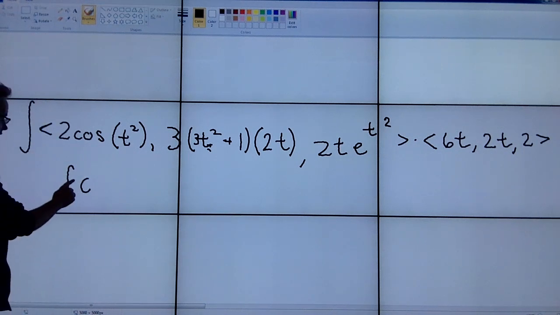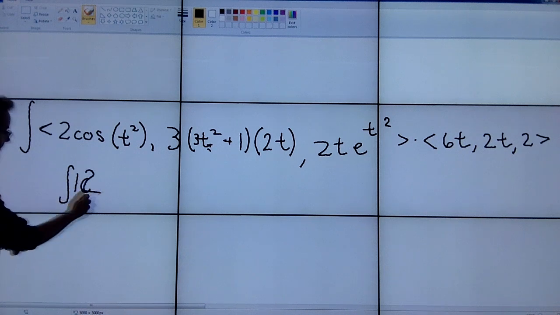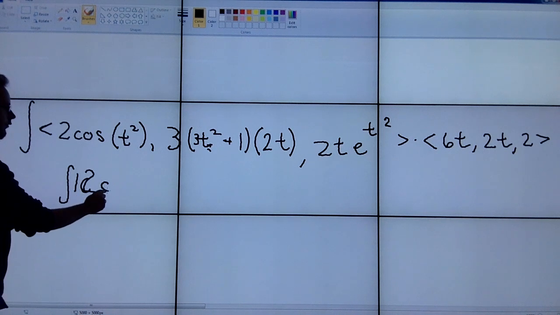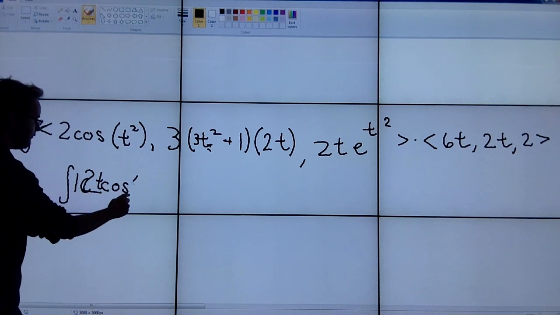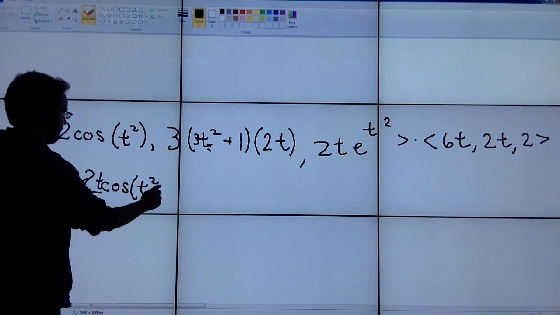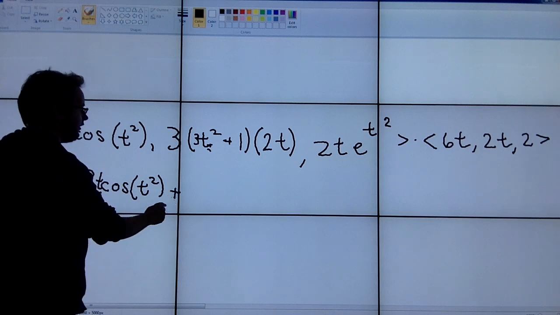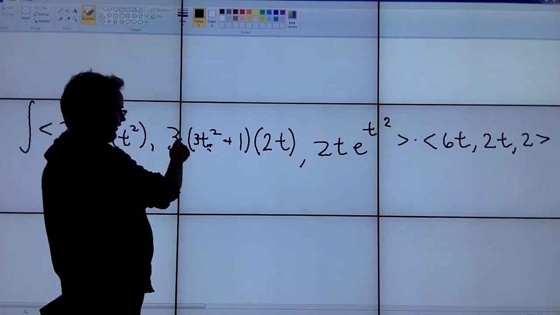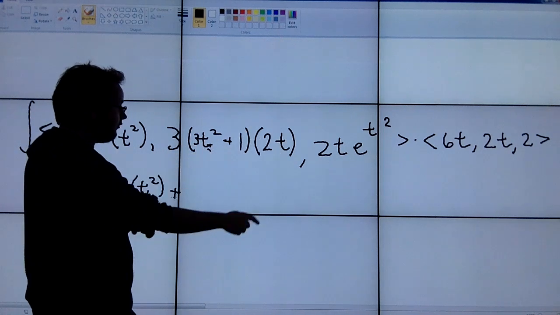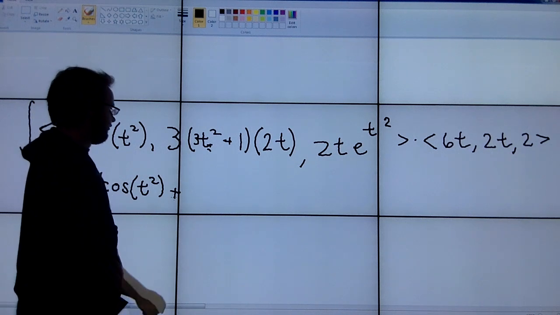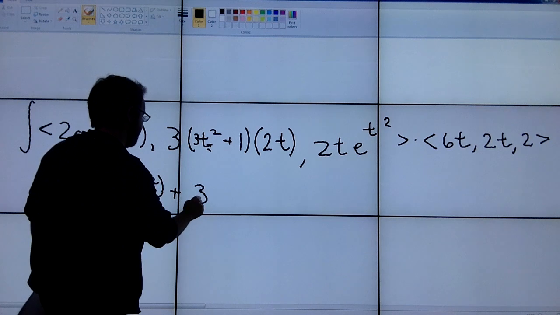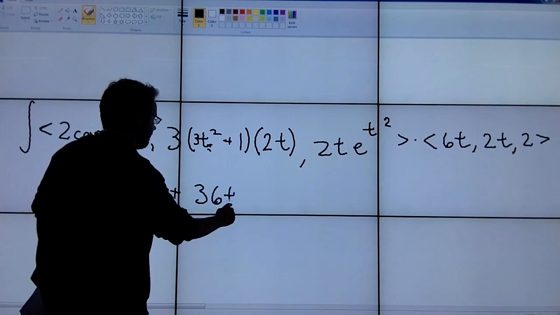All right. 12t cosine of t squared, plus, oh, what a mess here, 3 times 3t squared times 2t times 2t. So that would be 36t to the 4th.